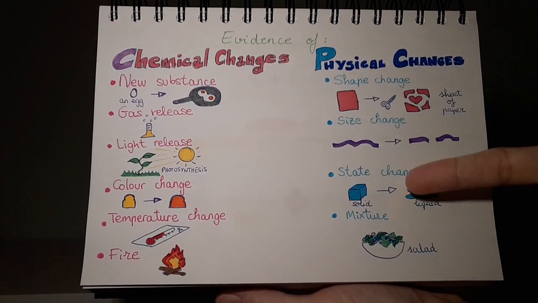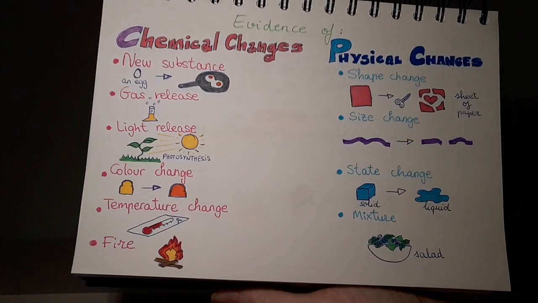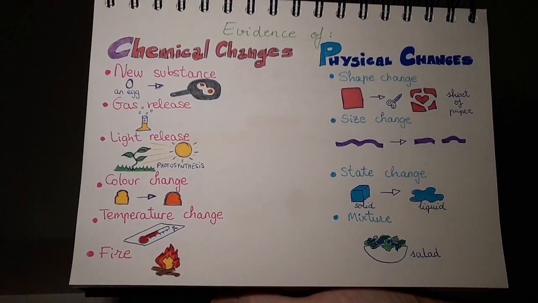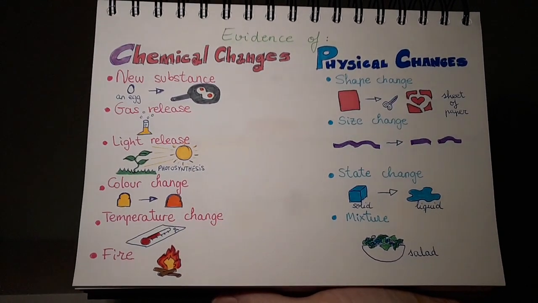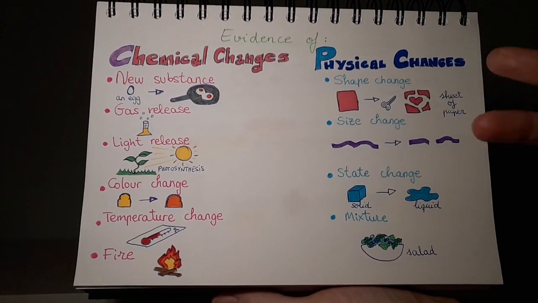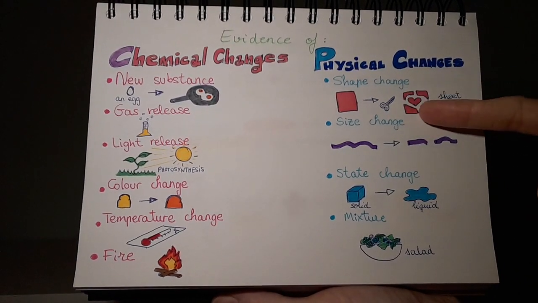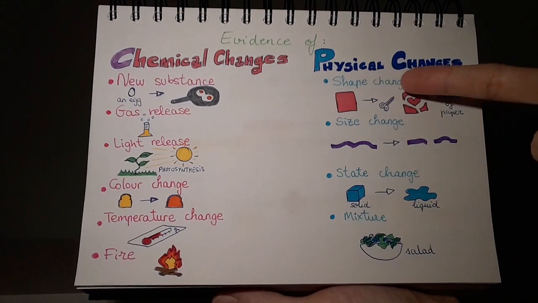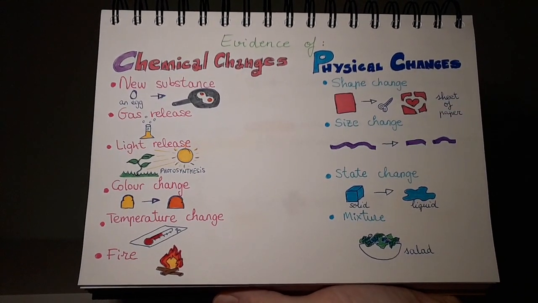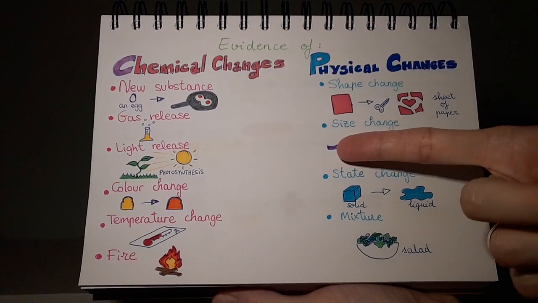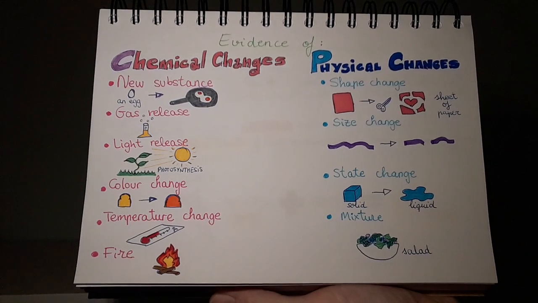What about physical changes? The most common examples are shape change. For example, if we cut out a sheet of paper, as you can see, this is a shape change. Size change, for example, with a piece of plastic that we cut.